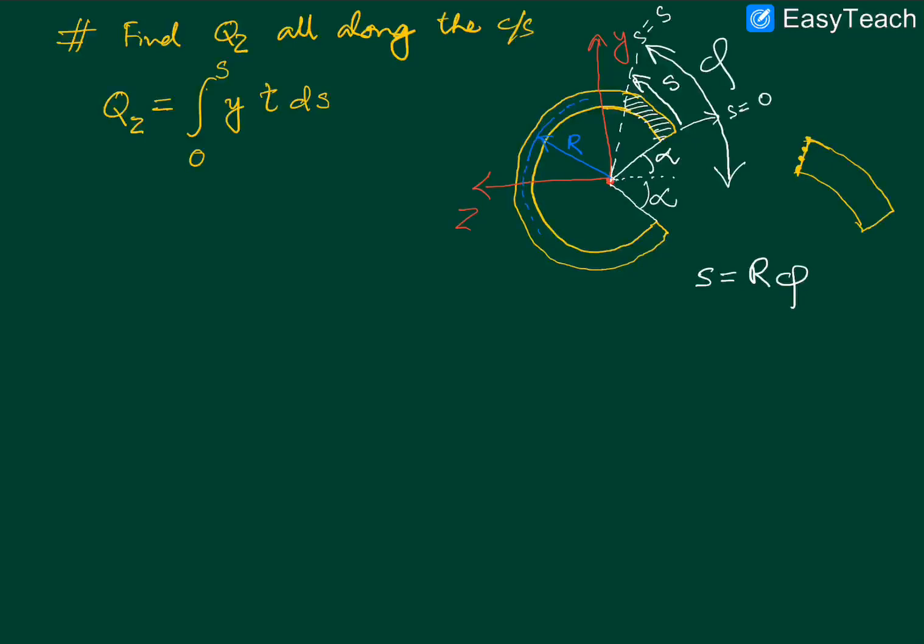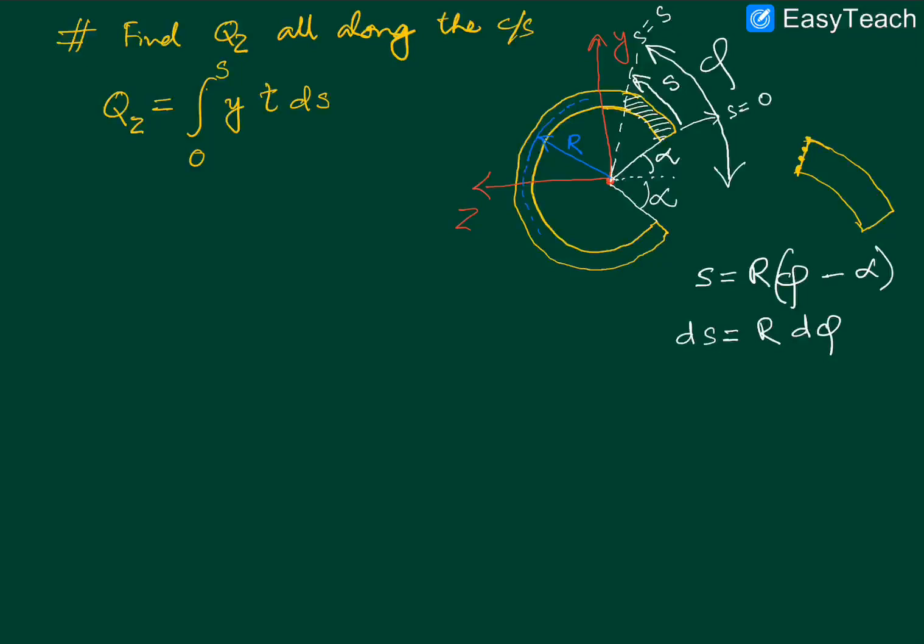So the expression that I have written here, S equal to R times phi, should actually be R times phi minus alpha. But as far as the ds is concerned, this little difference of alpha doesn't make any difference, because alpha is a constant for this particular cross section, so ds will be R times d phi.